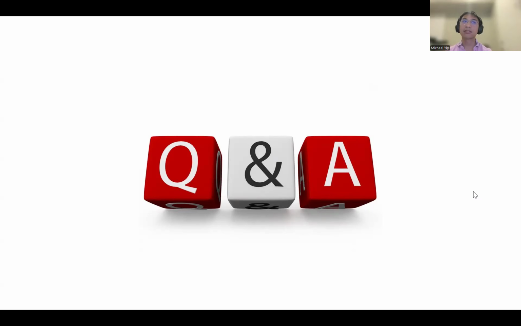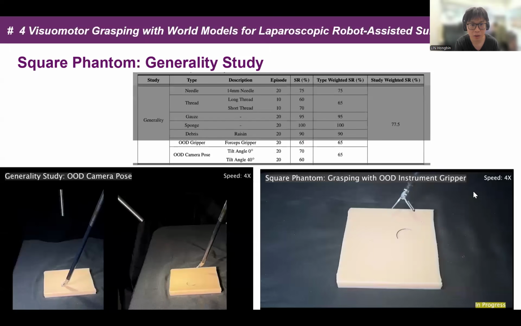I guess I'll just ask one question for now, which is, I believe most of what you showed was with one instrument. Have you looked at how to scale to multiple arms, multiple instruments? Actually, I have a generalization study for the instrument gripper, like the forceps gripper.